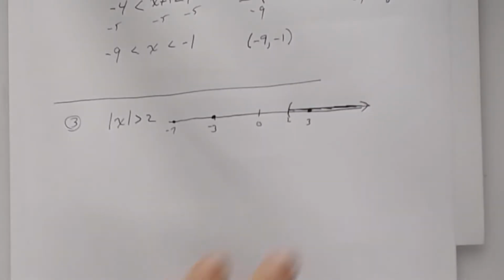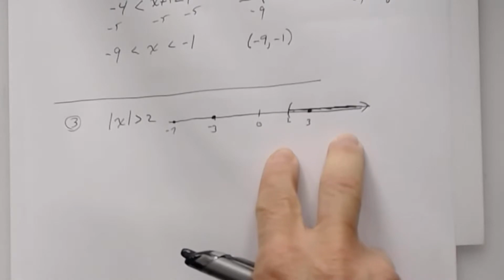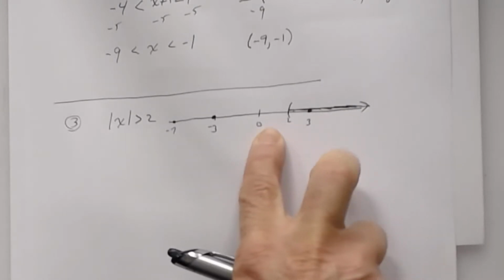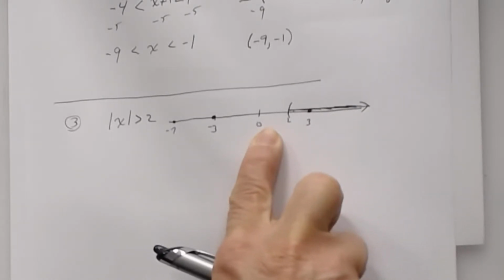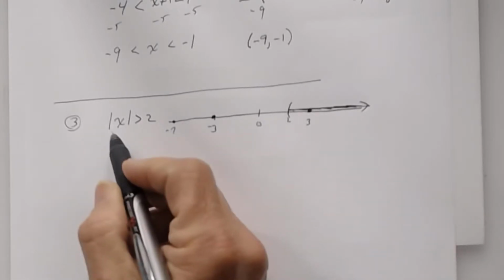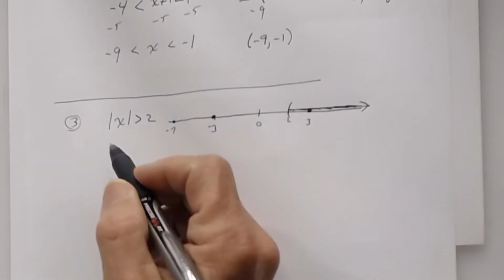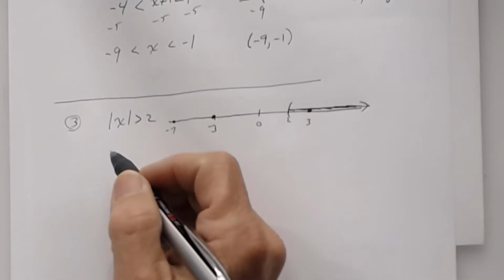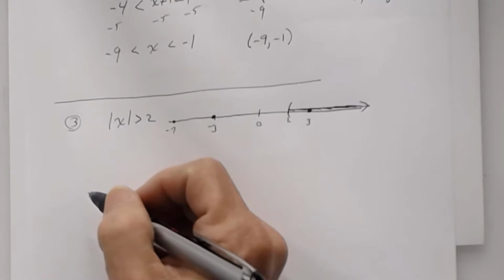Is everything I've graphed going to be solutions? Yes. Okay. Is 0 a solution? No. Is 1/2 a solution? No, because the absolute value of 1/2 is 1/2. Is 1/2 bigger than 2? No. All right. Can you make another general statement then?